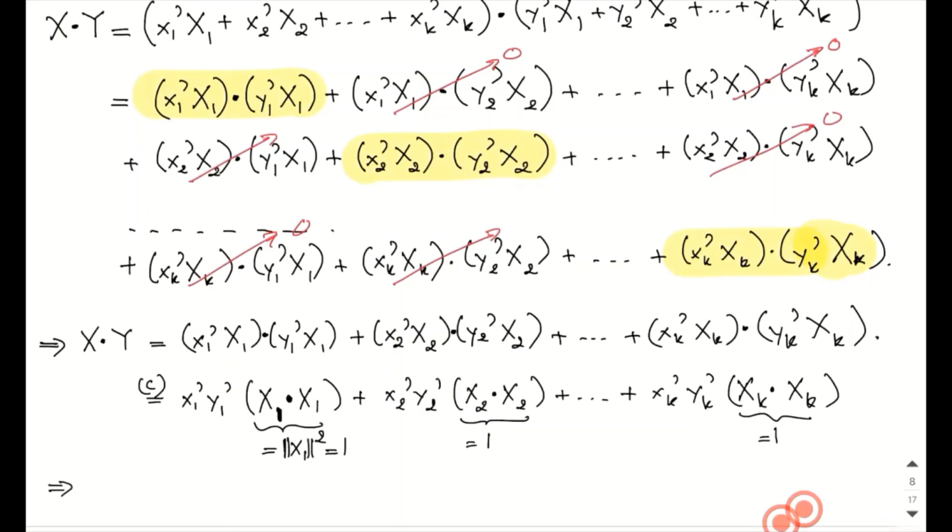And so this implies that x dot y is the coordinates of x dotted with the coordinates of y. And we are done. Once we are done with the dot product, the length formula is going to be just a direct application of the dot product.